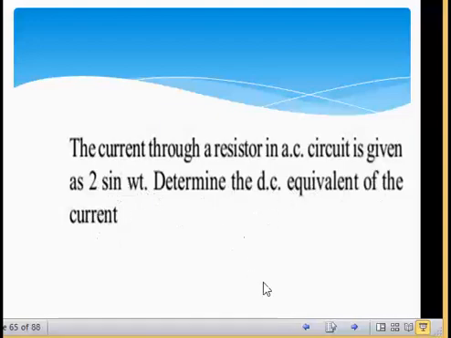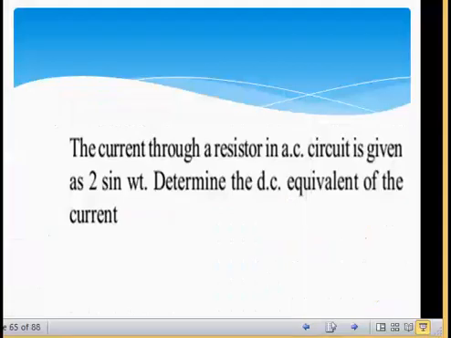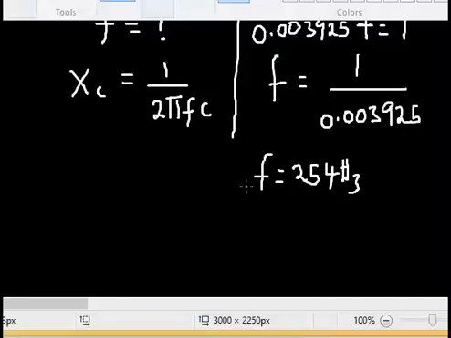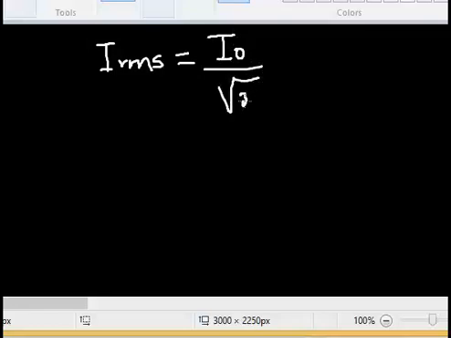The DC equivalent of the current is the I RMS, which of course is I0 over the square root of 2.